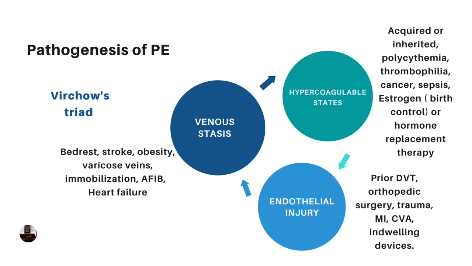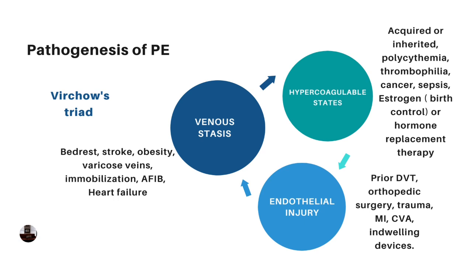As for hypercoagulable states, these include acquired and inherited forms such as polycythemia, thrombophilia, cancer, sepsis, estrogen, or hormone replacement therapy.